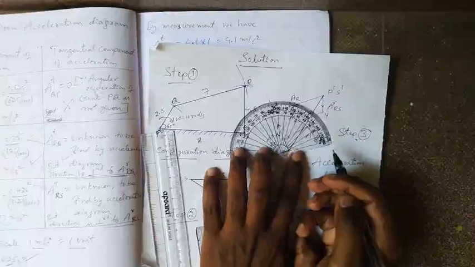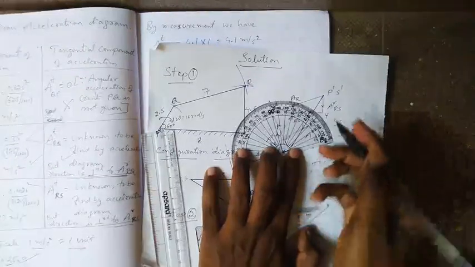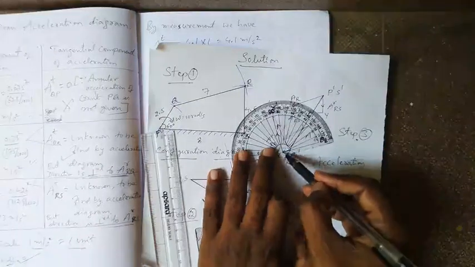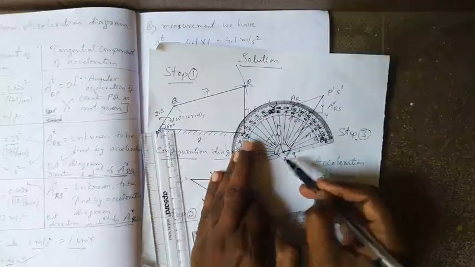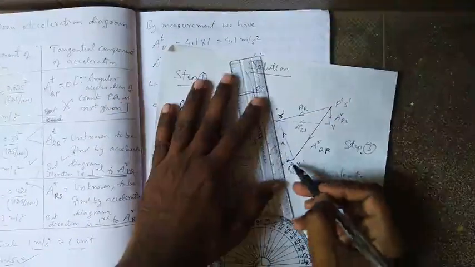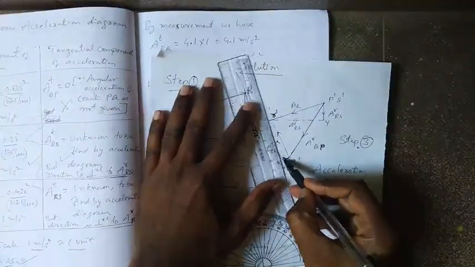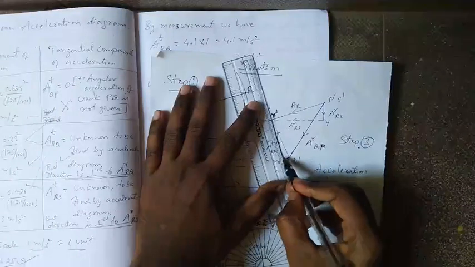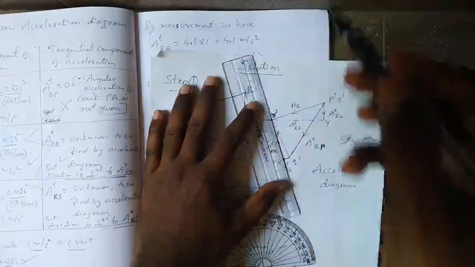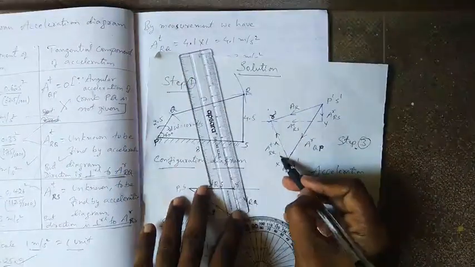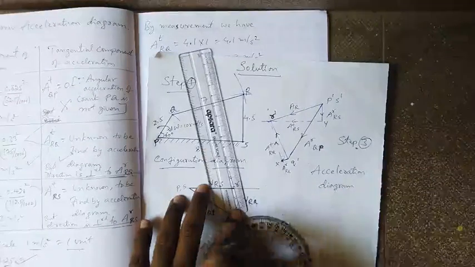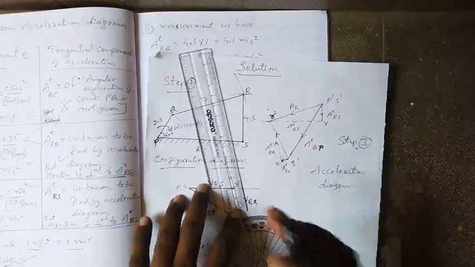Measure 90 degrees at point X. From this point, since we don't know the magnitude of this vector, simply draw a dashed line of some length.